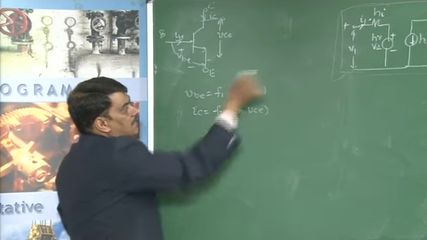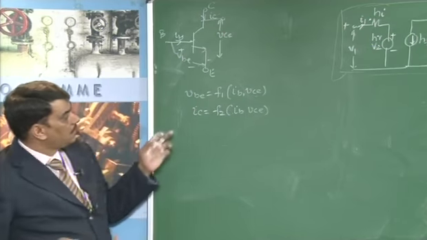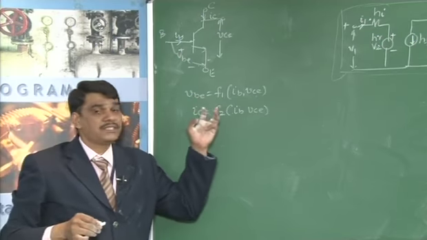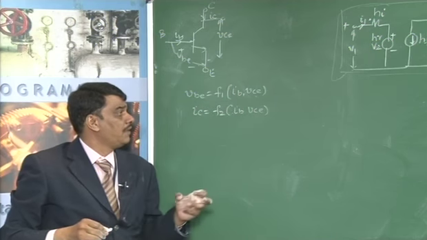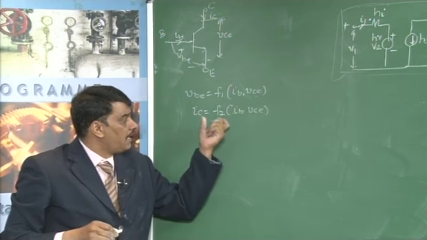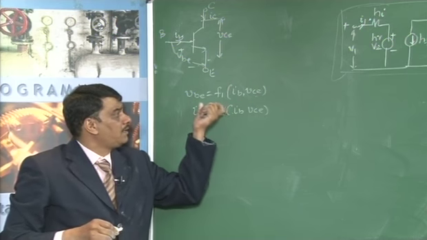Then how do you obtain this relation? Can you guess? Because VBE and IC are two functions of the same variables IB and VCE, what is the relationship between them? This can be obtained by applying Taylor's expansion.